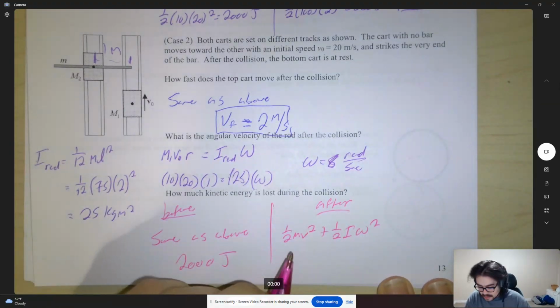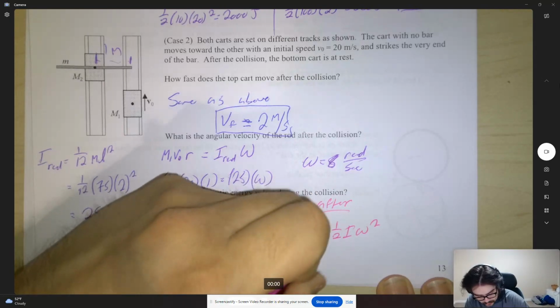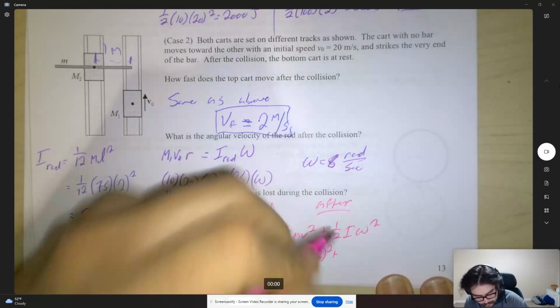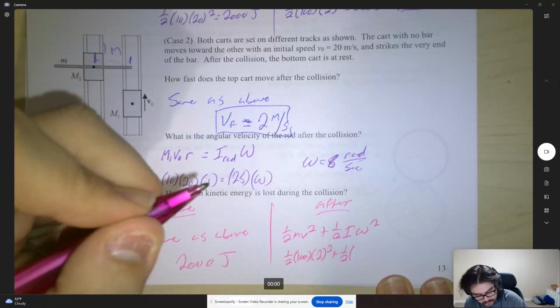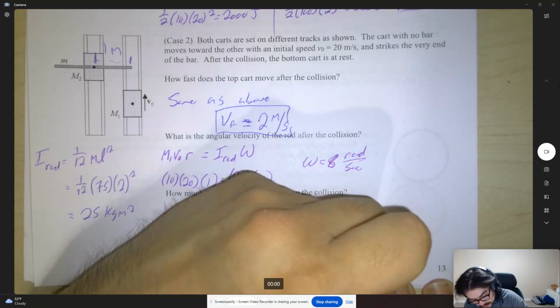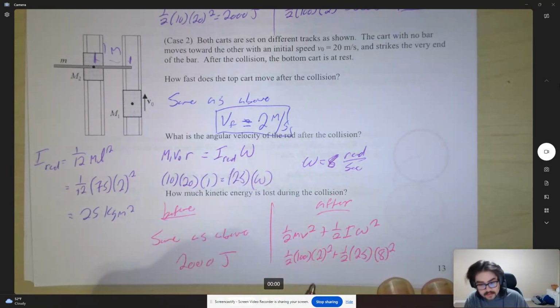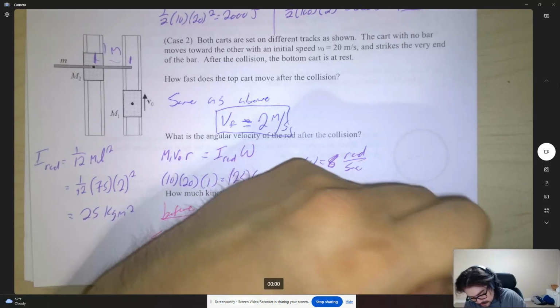The mass is 100, v is 2, and then we add 1/2 times the inertia, 25, times omega, 8, squared. We calculate the whole thing out and we end up getting 1,000 joules.